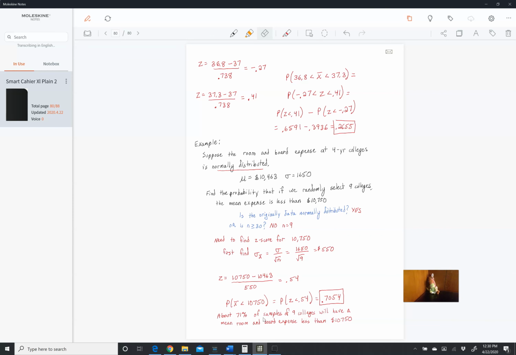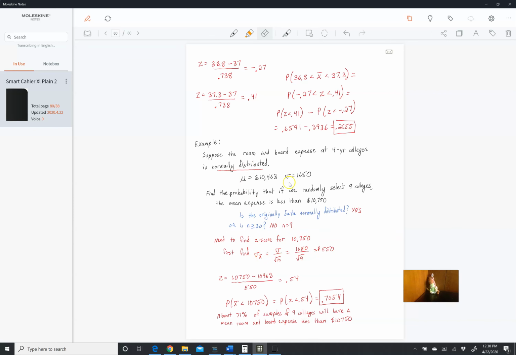Okay, so one very last piece to this. Now that we know how to do these random variables, notice again, this is stuff that we've done before. The only difference between what you did before and what you're doing now is that you have to find the sigma X bar, okay?